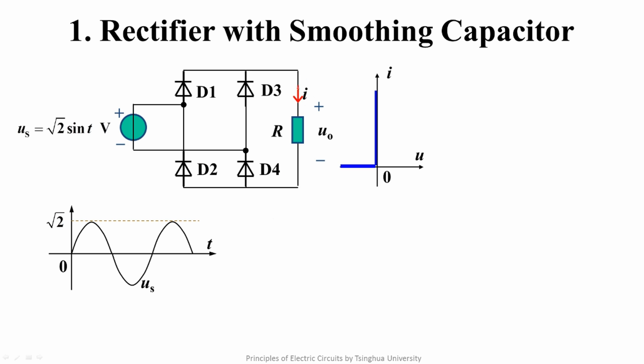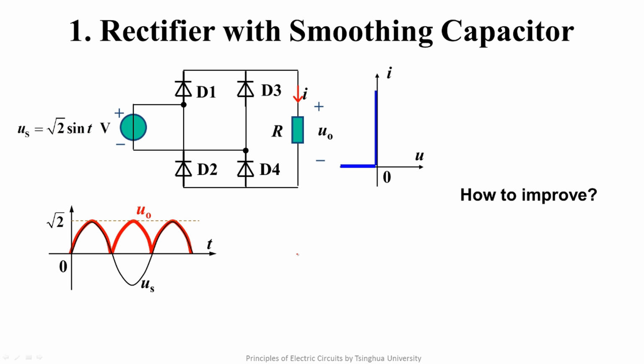So the current is always positive, and the voltage of the load is always positive too. This is the waveform. But the voltage fluctuation is too large to meet real demand. So how to improve the performance of the DC voltage in the bridge rectifier is a very important and realistic topic.